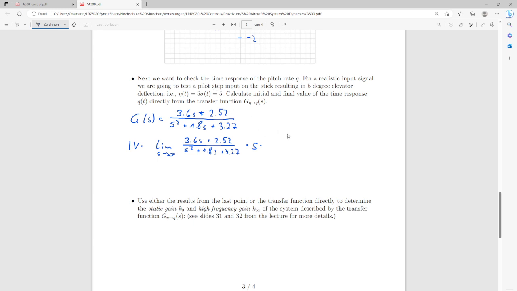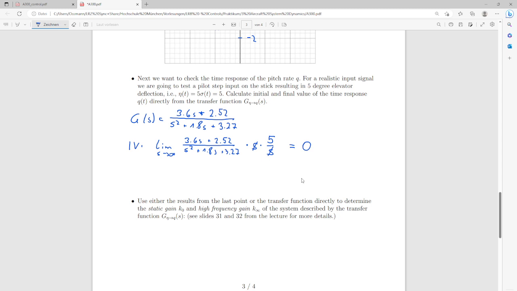The input is a step with a value of 5, so it's 5 over s. We immediately can cancel here, and now the trick: when we let s go to infinity, we need to divide every term here by the highest power of s, which would be s squared, and then these terms would all go to 0, and your initial value would be 0.